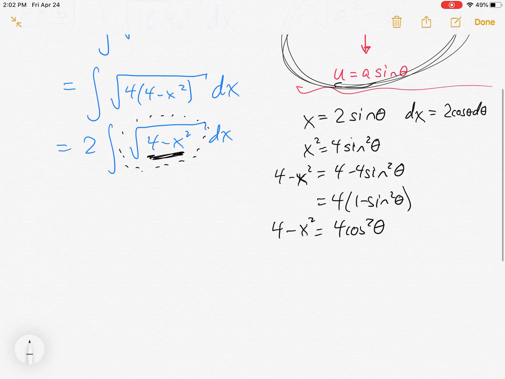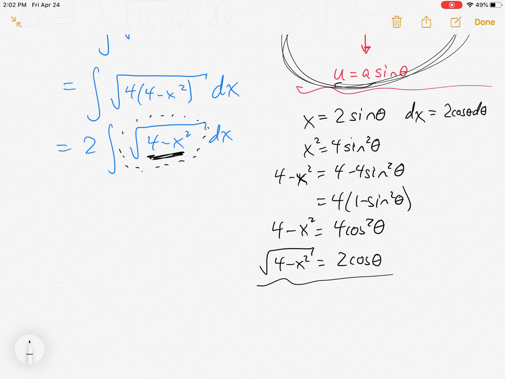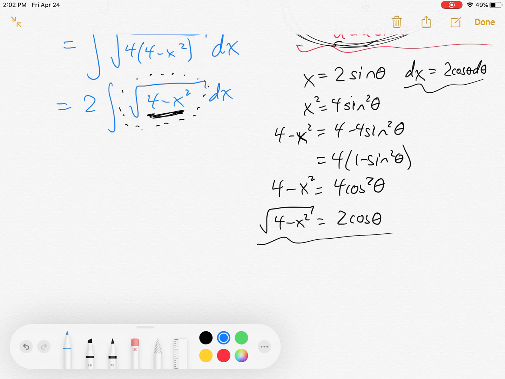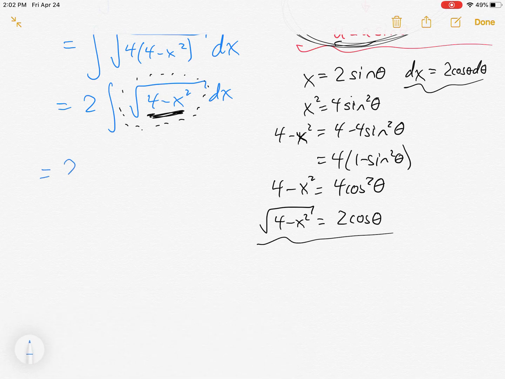This whole thing right here guarantees when you do this, you'll have a trig identity that allows you to condense it. And now that it's condensed into a single term, a monomial, when you square root both sides, you can just square root it all and get 2 cosine theta. So that will be used, and that will be used.